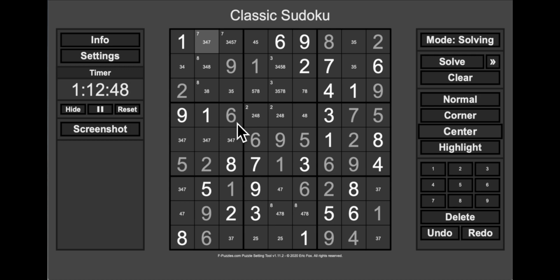Let's see, my 7 across boxes can still be any of these things in row 7. Well, 8, that's done.